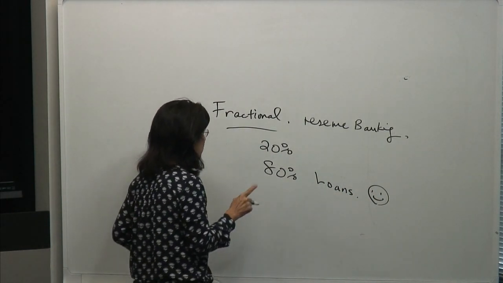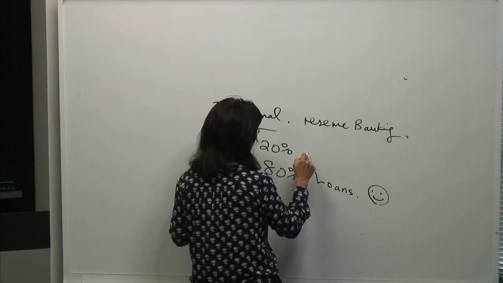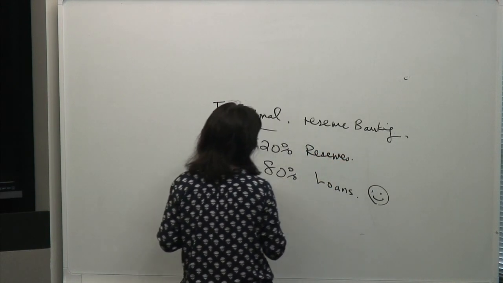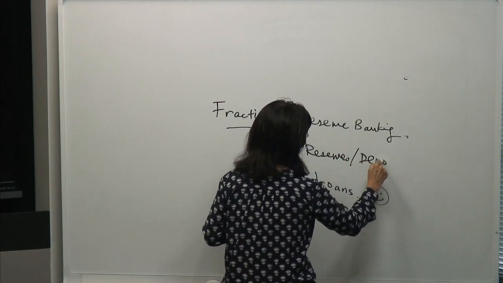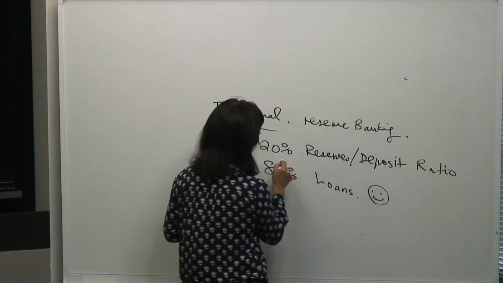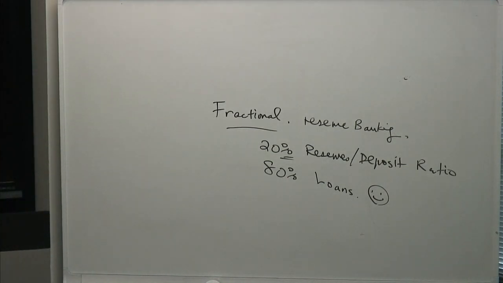The smiling face is from their viewpoint, not from our viewpoint. So 20% is your reserve deposit ratio. Ratio is like your rate, so it is in percentage. Remember I talked about that before. So you see, in the fractional reserve banking system, they make money.